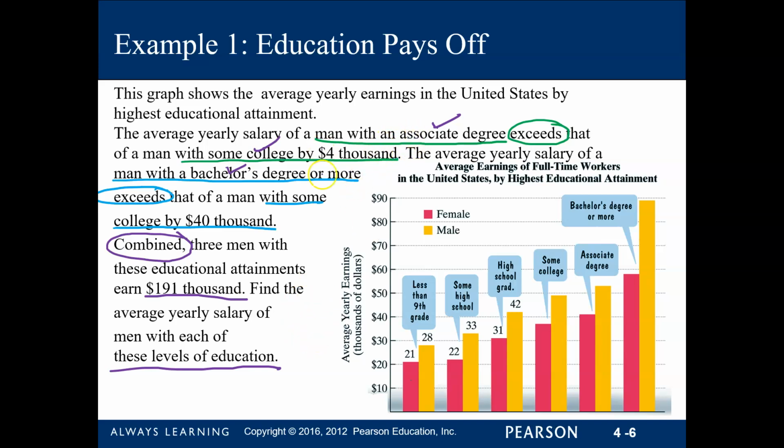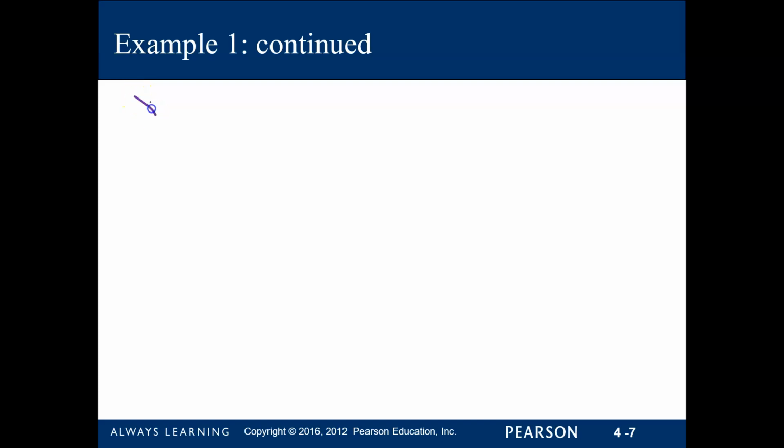and then we can write expressions representing the other two that we are also looking at, okay? So according to the problem, a man with associate's degree, so associates exceeds, so this means that in this case, exceeds is that there is a plus 4,000, all right? So we know that some college, in this case, X is going to be our some college.